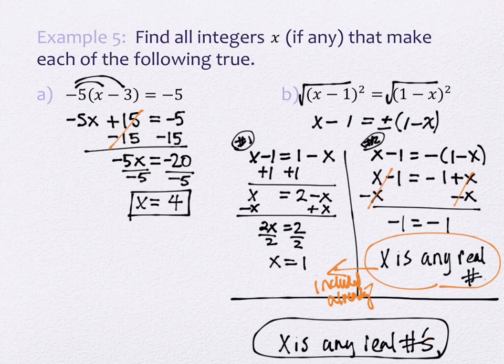So let me go back to the original problem and give you a picture of why that happened. If we take a look back at this original problem right here, I'd like you to notice that inside the sets of parentheses, they're exactly the same except for what? The order, right? If the subtraction stays in the middle, one of them is 1 minus x, the other is x minus 1.